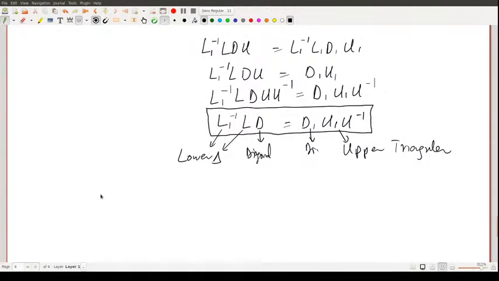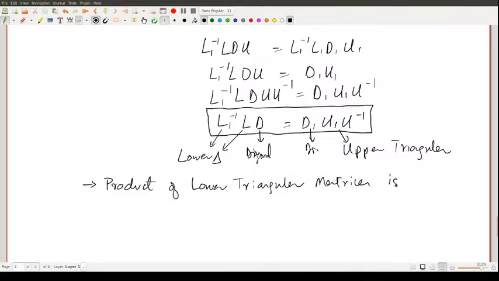I'm going to state two facts that you can check out for yourself. These are very important facts: the product of lower triangular matrices is lower triangular. And there's a really neat way of seeing this when you look at the linear combinations of the columns of one with respect to the other, and you can immediately see why that must be true.